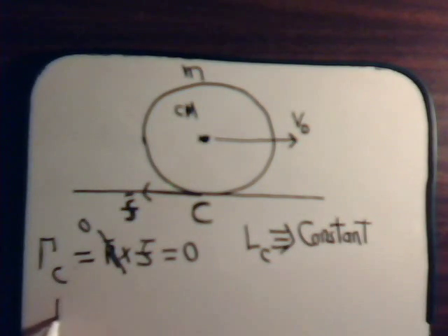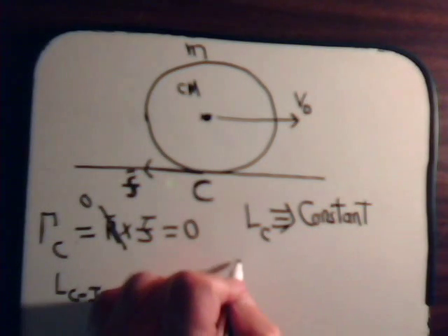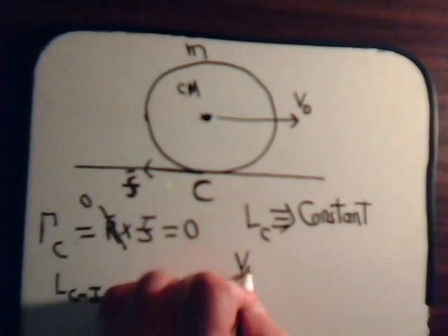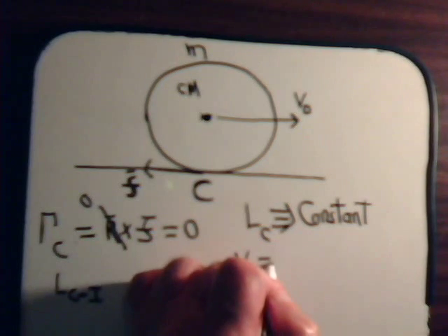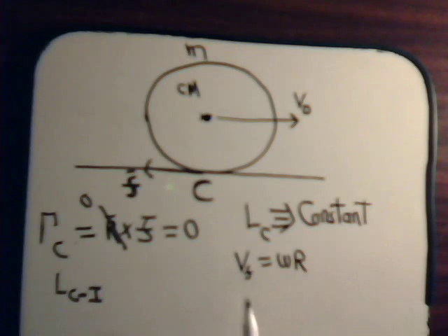That is our initial angular momentum about our contact point C. Now, at a certain time, in the last video we called it T prime, when it goes into pure rolling, then V, we'll call that the final velocity, equals omega r. That's at the time t when the ball goes into pure rolling, as you talked about in the previous video.